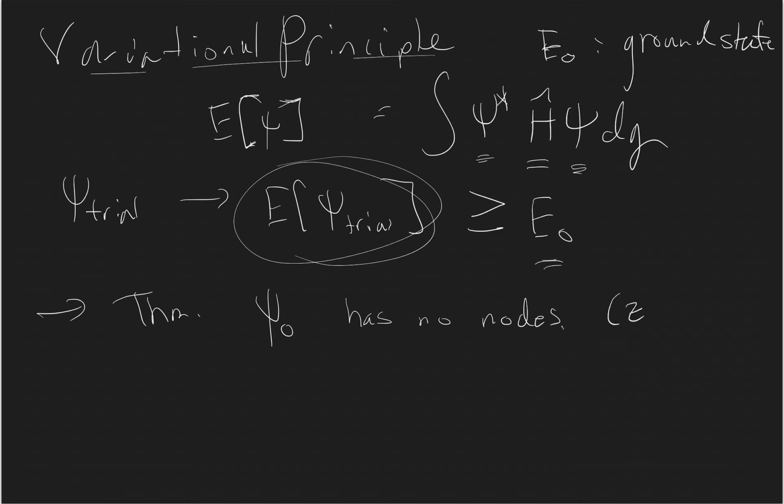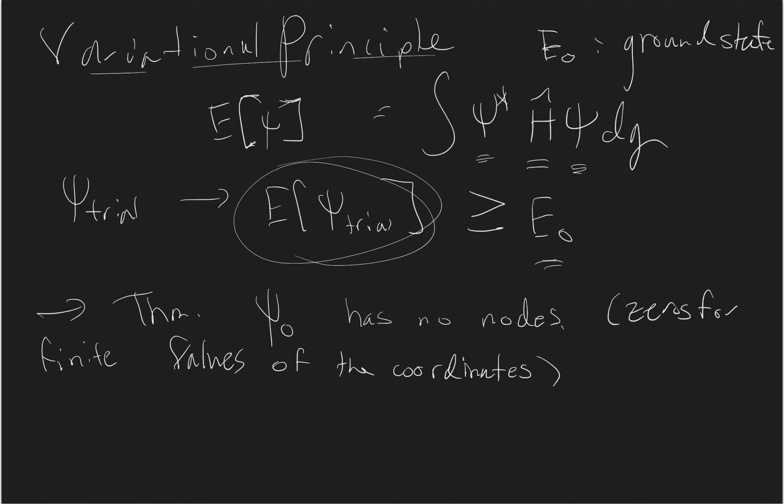So there are no nodes or zeros for finite values of the coordinates. This means that it has the same sign everywhere. This is because if it had nodes, one could construct a new trial function without nodes that would have a lower energy.